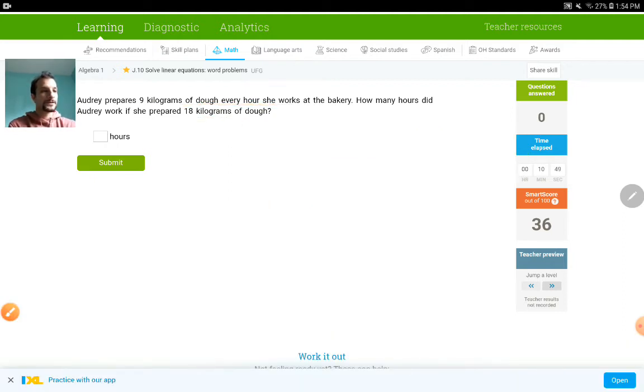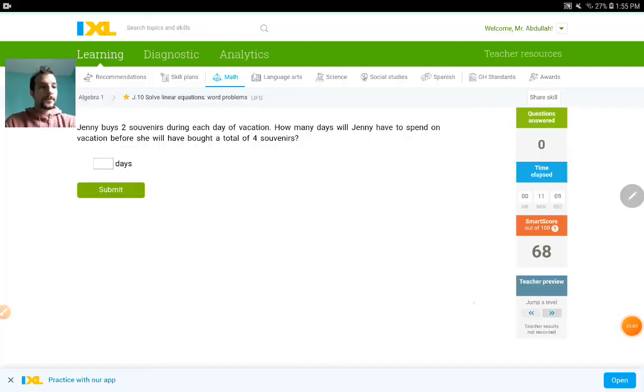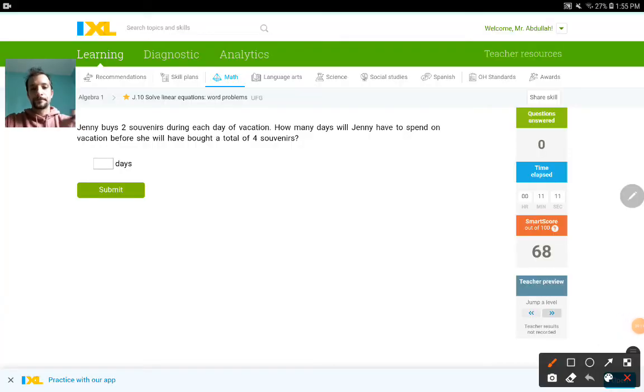Now let's have another example. Okay, here's another one. Jenny buys 2 souvenirs during each day of vacation. So for each day, we have 2 of these. So 2 per day, in short. How many days will Jenny have to spend on vacation before she will have bought a total of 4 souvenirs?